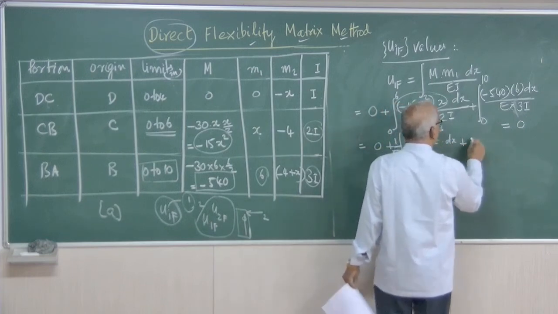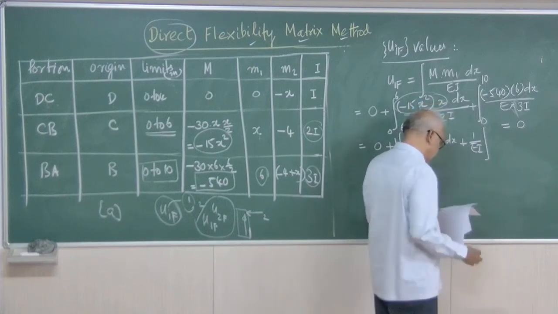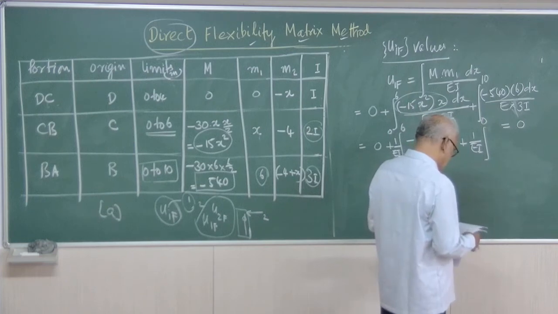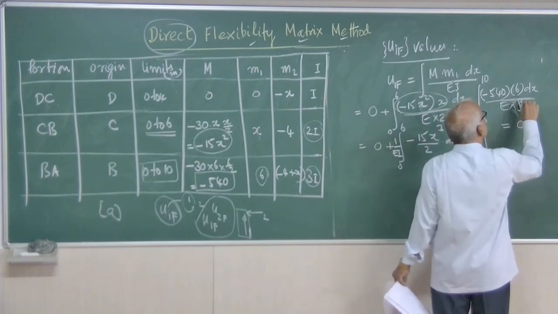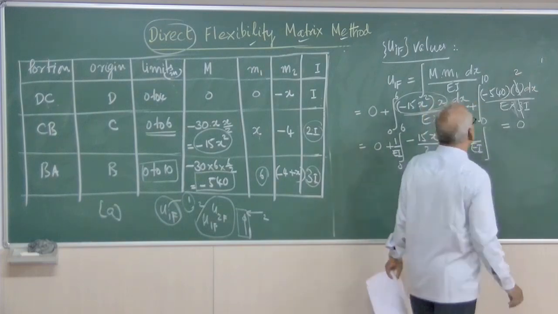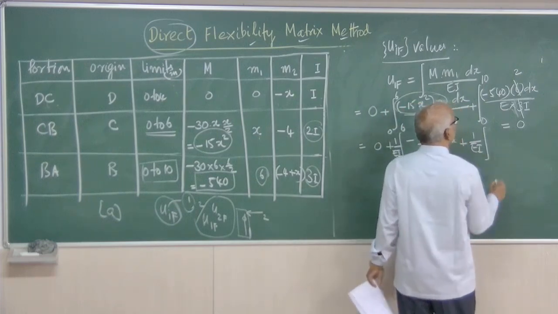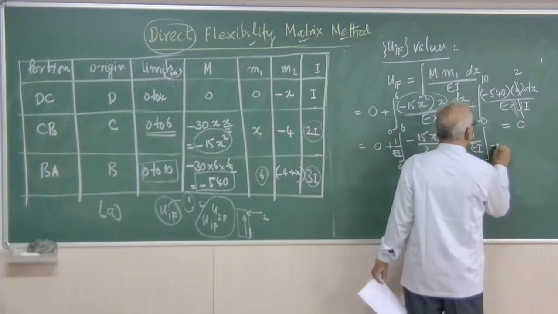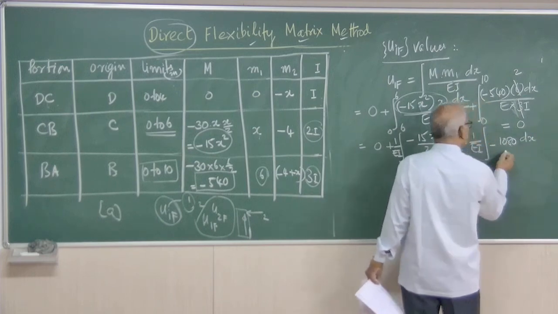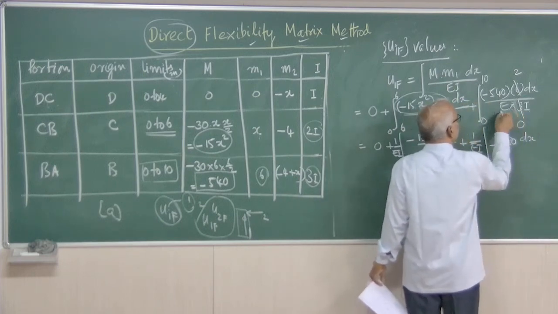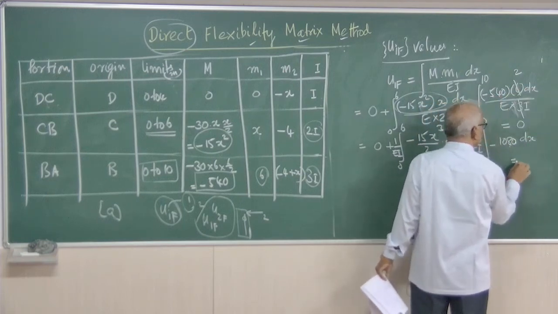Plus the second one, here also we can take 1 by EI outside, into 540 into 6 by 3, so this and this will cancel, equal to 2. So 540 into 2 will be 1080, therefore minus 1080 into dx.